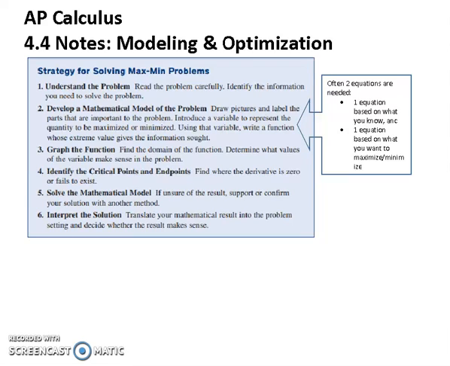What you see on the screen here are the 6 general steps that you can go through in solving these optimization max-min problems. It's very similar to finding the maxes and minimums that we've been doing in general for functions and their graphs. The only difference is that since it usually takes on a real-world aspect, it's not all just handed to you.